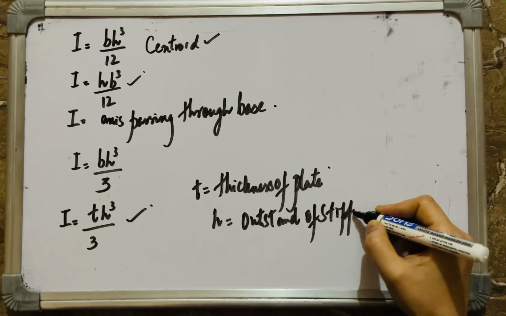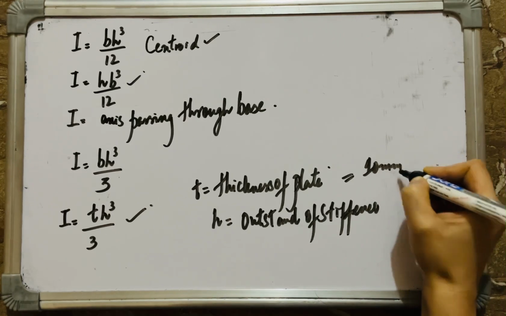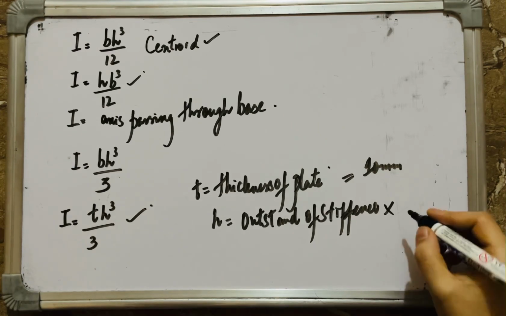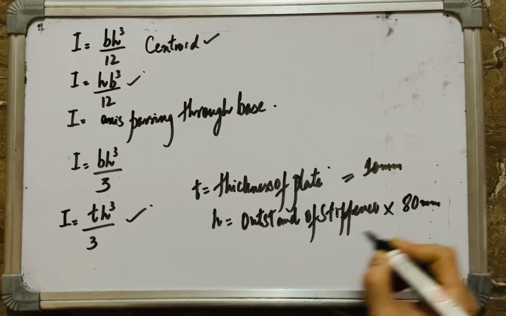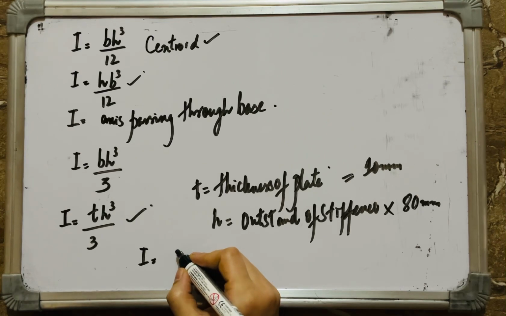How much is our thickness of plate? 10 mm. We have adopted a plate having the dimensions of 10 mm cross 80 mm, and 80 mm is the outstand or the maximum width of our plate. Now, moment of inertia is given by t h cubed by 3.